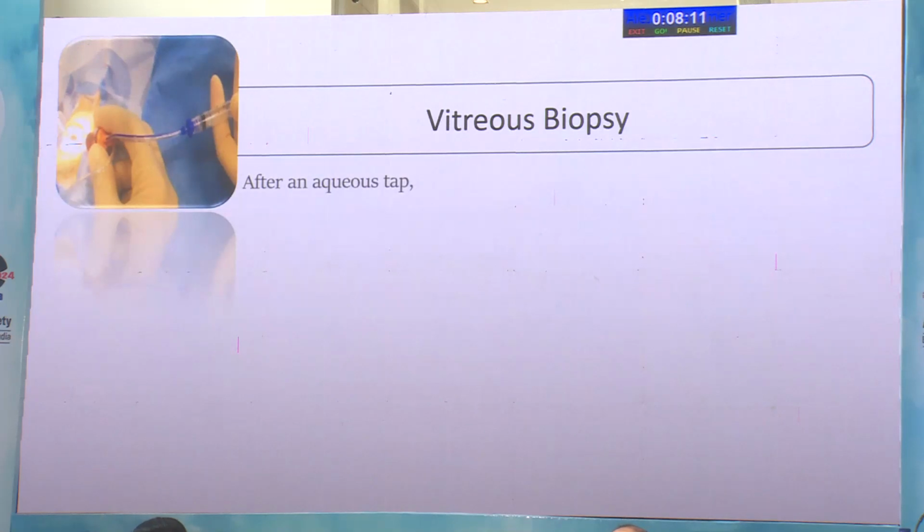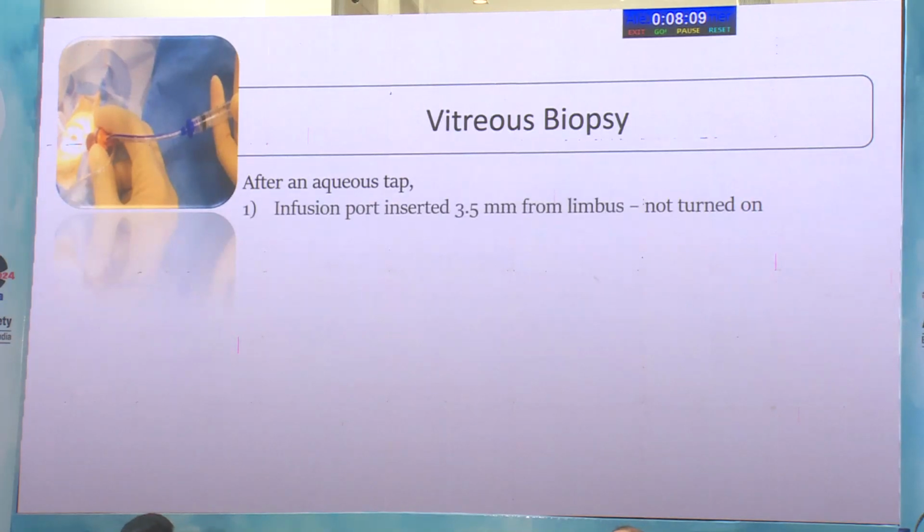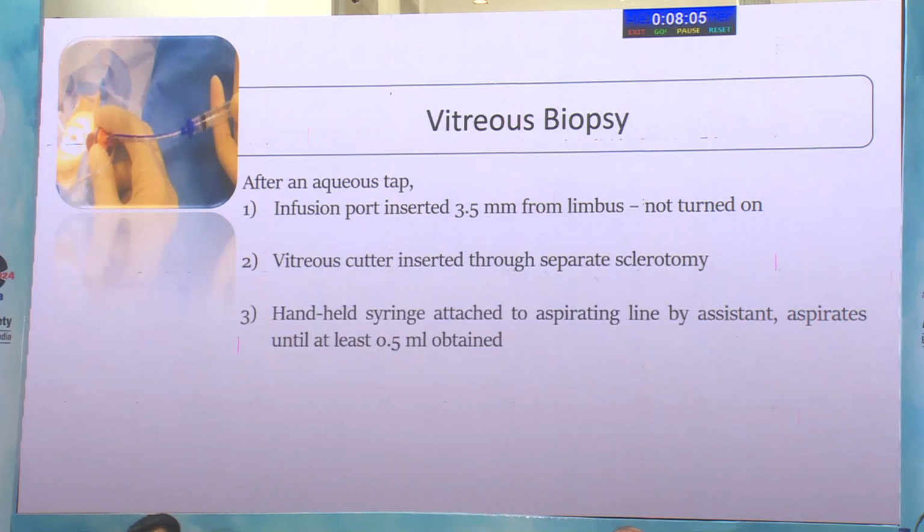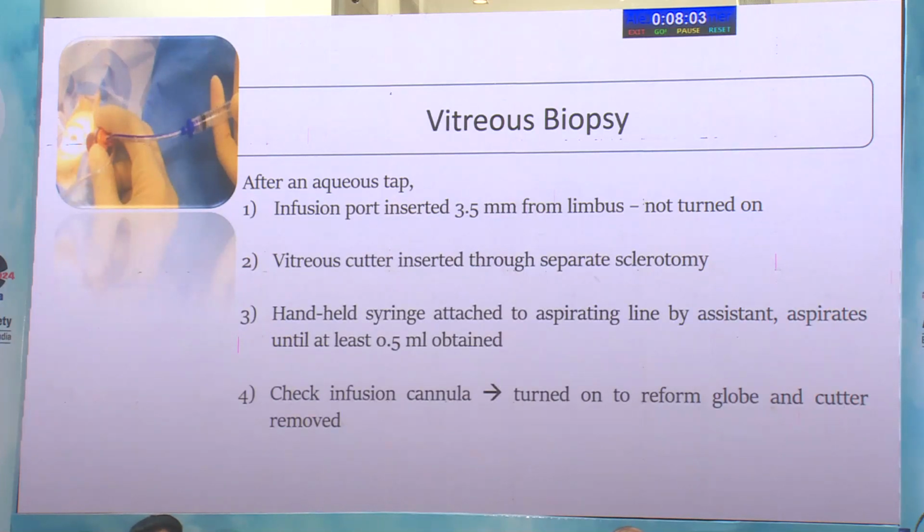So just a small word on how to go about a vitreous biopsy, and then we can move on to the intravitreal antibiotics. After an aqueous tap, an infusion port is inserted 3.5 millimeters from the limbus, but the infusion is not turned on. The vitreous cutter is inserted through another separate sclerotomy, 3.5 millimeters from the limbus. A handheld syringe is attached to the aspirating line by the surgical assistant, who aspirates until at least 0.5 ml is obtained.